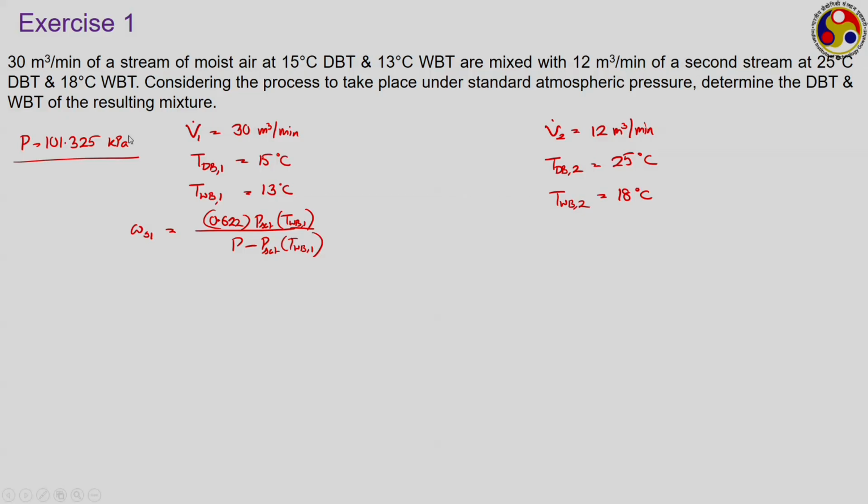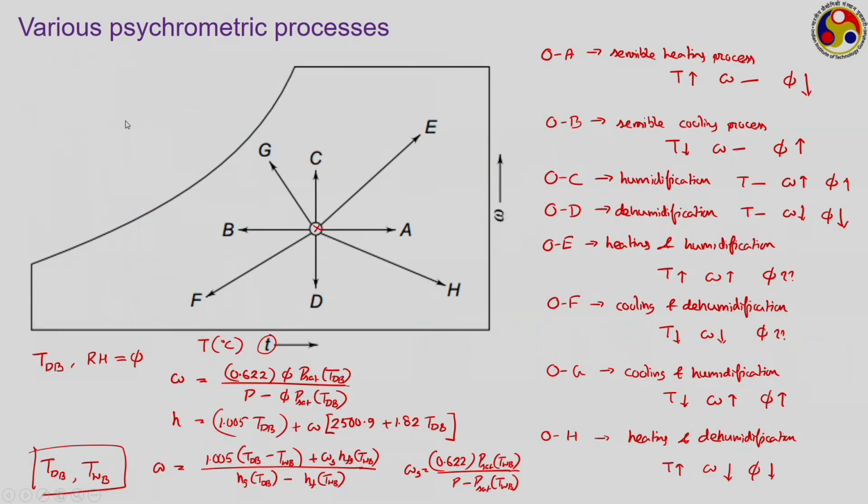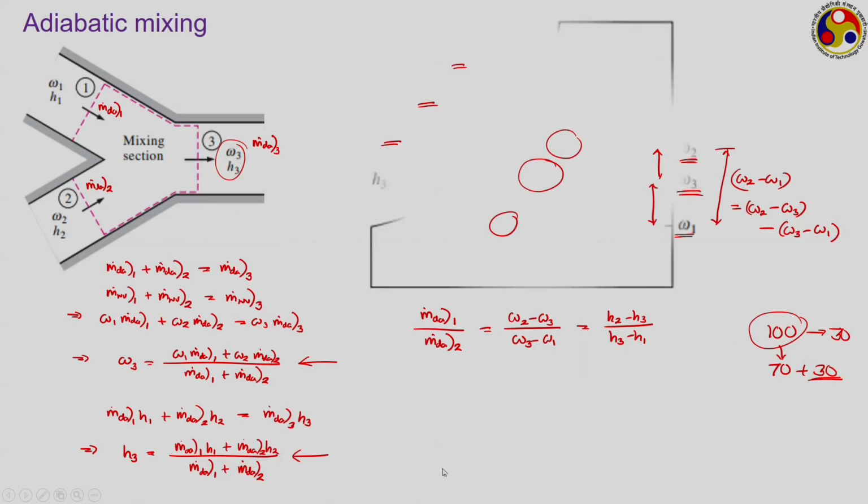So, once we have omega 1, you can just check this particular relation. From there we can get the final value of omega.